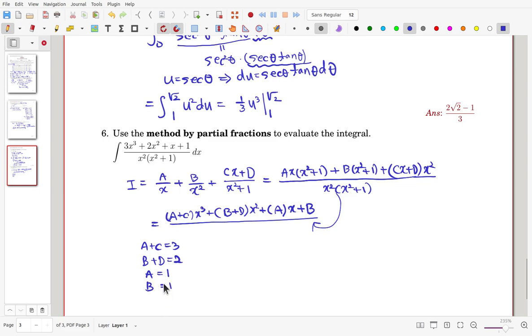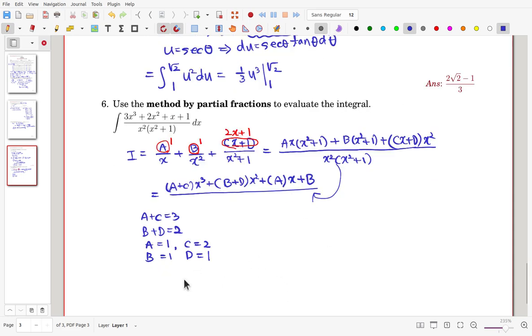Okay, already we decided A and B. From this one, C must be 2, and from the second equation, D must be 1. So A is 1, B is again 1, and Cx plus D is 2x plus 1, right?